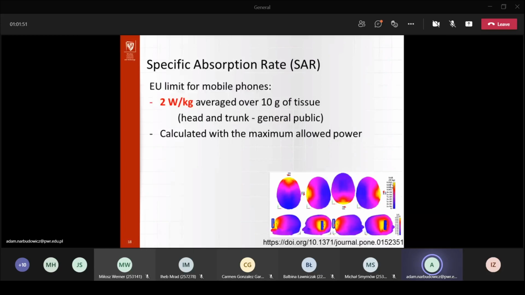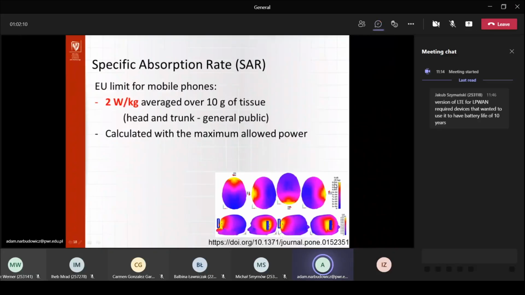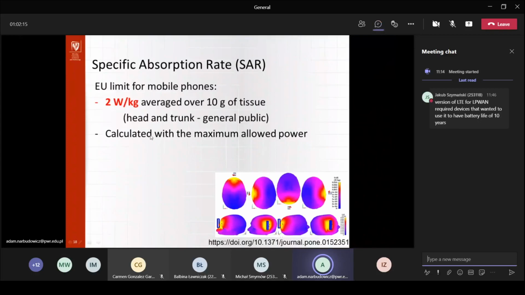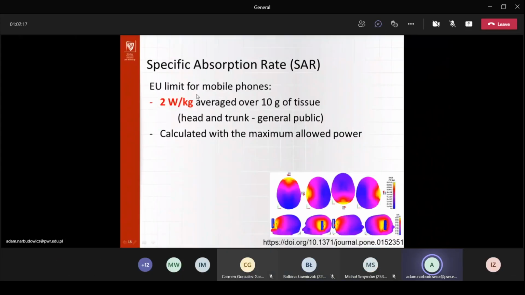So it's not even close to the legal limit, which, of course, was proposed by medical doctors after research, and that's something that is deemed safe. So you can see this particular medical device is basically two orders of magnitude below the required level.